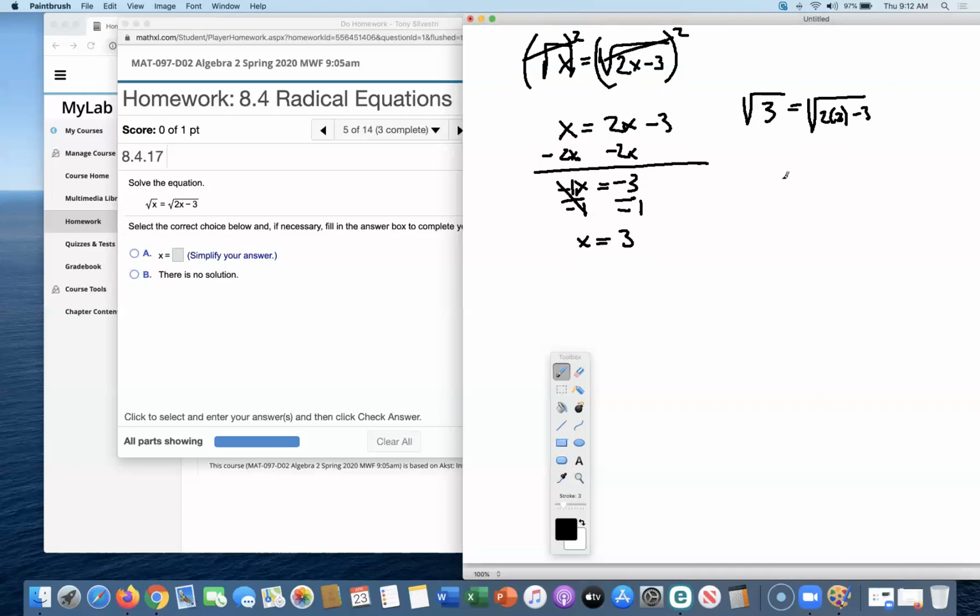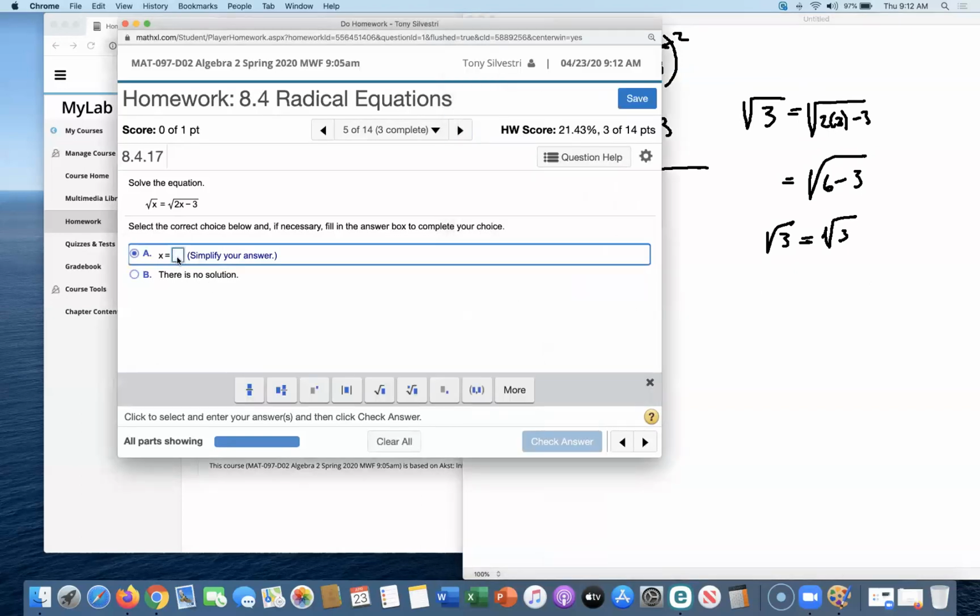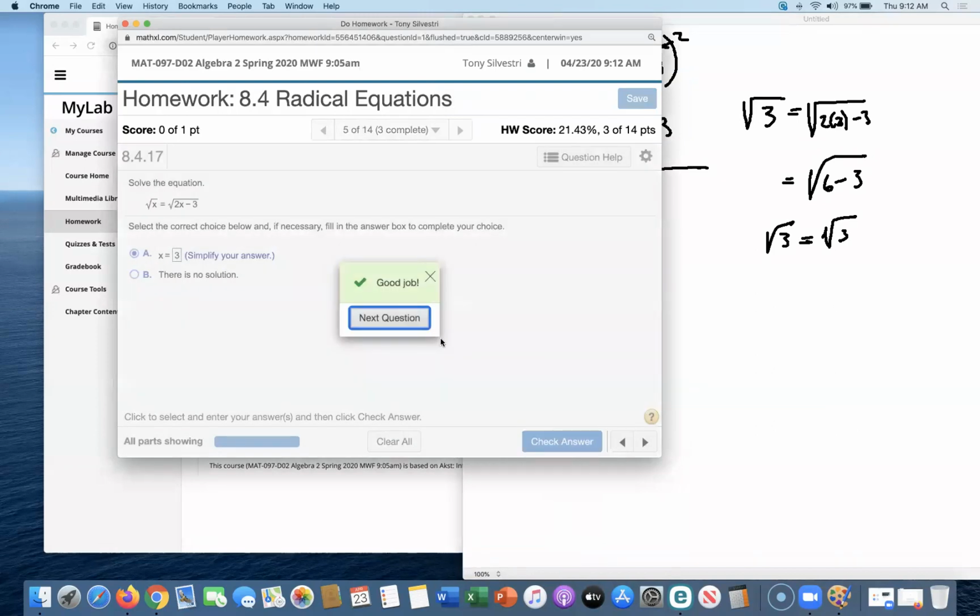This is the square root of 6 minus 3, which is the square root of 3. So both sides work out. I'm going to be confident that when I punch in a 3, check your answer. Great job.